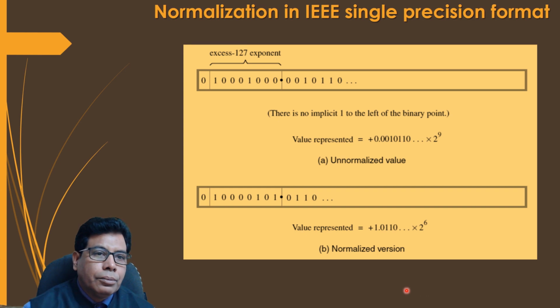Then next is the figure. Now here, the exponent part is 10001000. If you look at this exponent part, it is nothing but 128 plus 8. So that is 136.